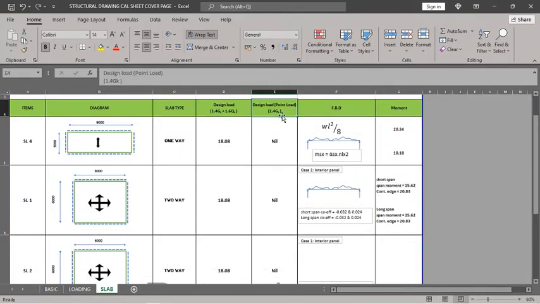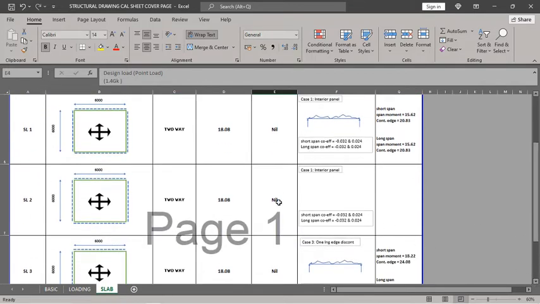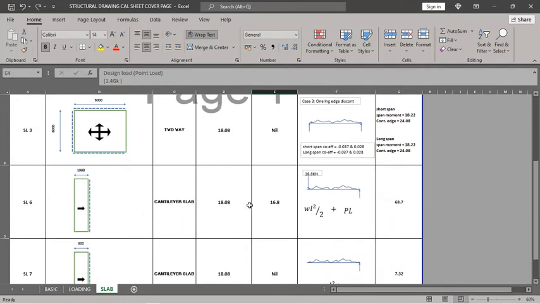Then I'll multiply it by a factor of safety of 1.4. Now not all the slabs have point load, so that's why you see nil. It's only on this cantilever slab, which is spanning 1.98, that we have the point load.